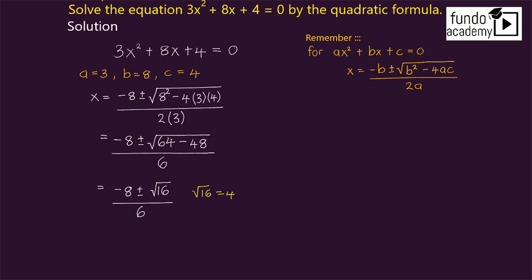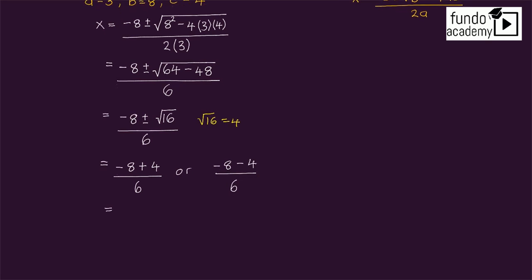So with that in mind, our solutions will be minus 8 plus 4 over 6, or minus 8 minus 4 over 6. And now for our two solutions, we just simplify.